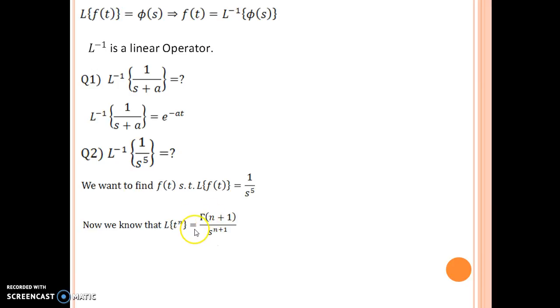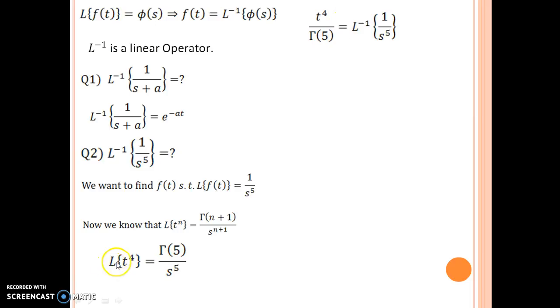So if we try to write Laplace of t to the power 4 equal to gamma 5 upon s to the power 5, that is what we get. Then what we see ahead is t to the power 4 divided by gamma 5 is equal to Laplace inverse of 1 upon s to the power 5. How do you obtain this?